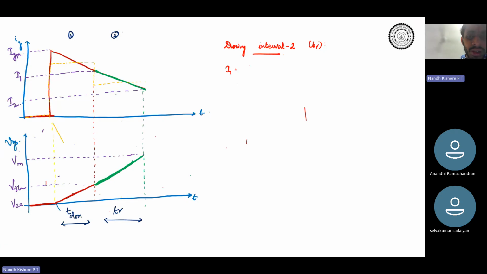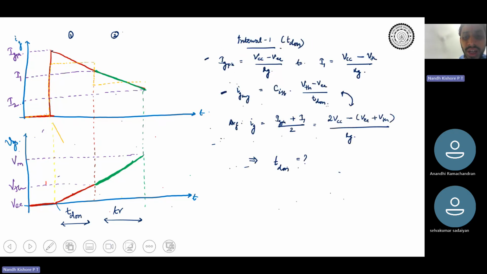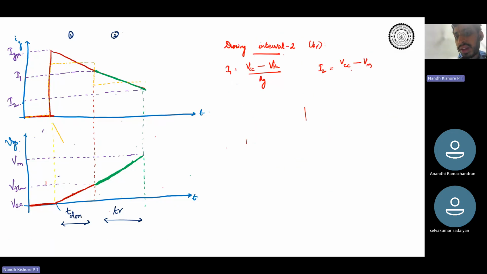I1 is what? VCC minus the gate voltage, which is V threshold, divided by RG. I2 is VCC minus what is the gate voltage? V Miller, right? VCC minus V Miller divided by RG.